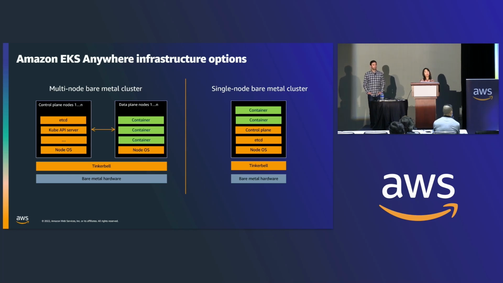And that's why we're working on a feature called single node bare metal cluster, where we will allow you to put all of the Kubernetes components, control plane, data plane, etcd, including the CAPI components from Tinkerbell, all onto a single server. So this is a feature that we are planning to release in December, and it is currently in private preview. If any of you are interested in trying it out, feel free to talk to us after this talk.